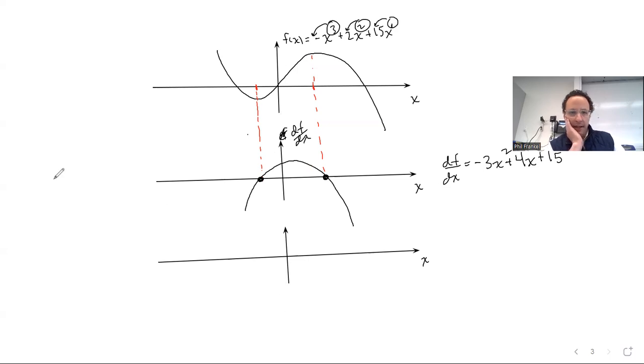Let me highlight a few things to convince you that this actually makes sense. Well, first off, to the left of this red line, so in this region, you should see that the original function has a negative slope everywhere there. And the value of that slope is given by the value of the derivative of f with respect to x.